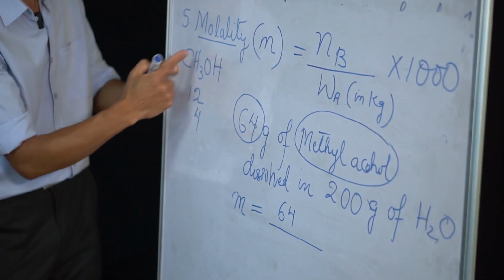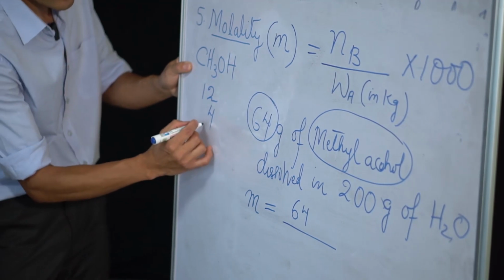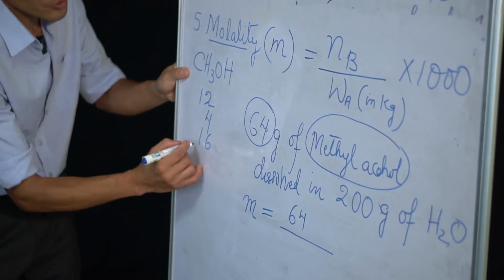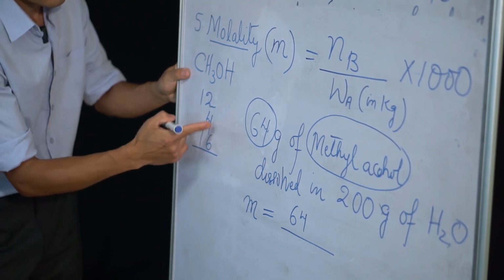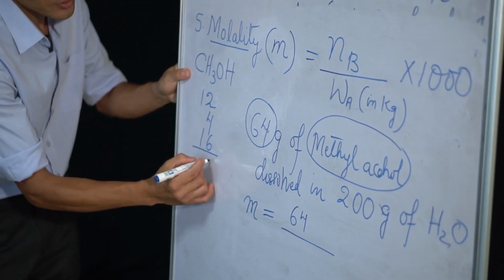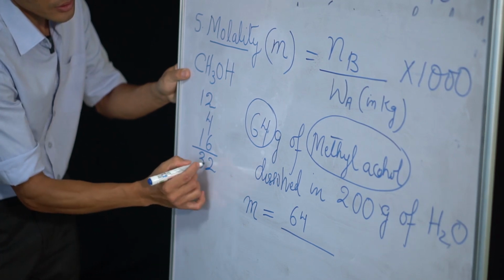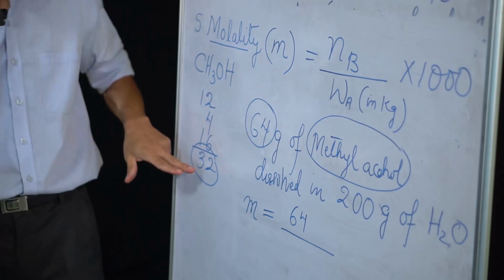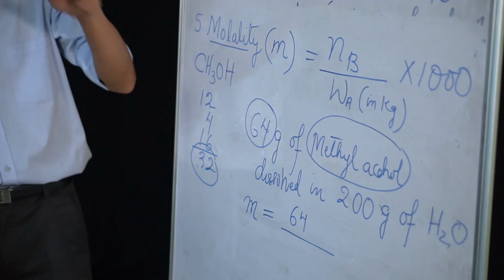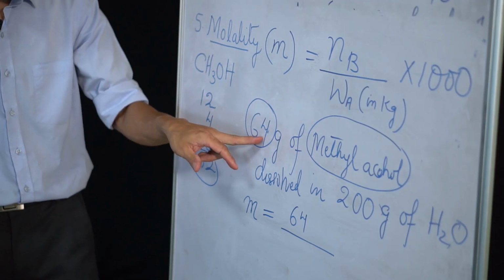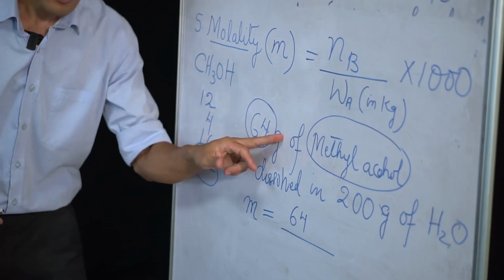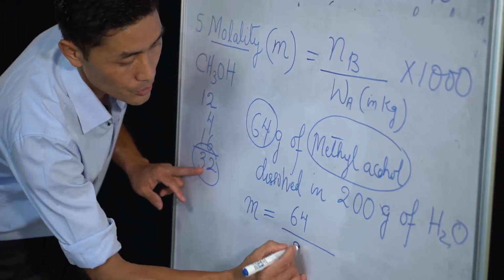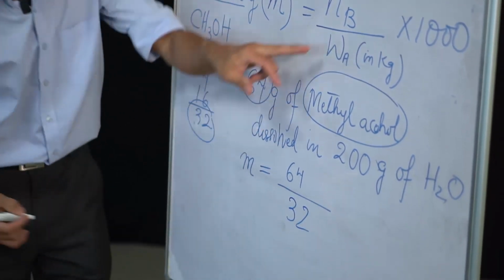Then we have oxygen, whose atomic mass is 16. So what should be the molecular mass? We get 32. The molecular mass of the solute, methyl alcohol, is 32. Its mass in the solution is 64. So this mass of the solute we divide by its molecular mass, that is 32, to get the number of moles.